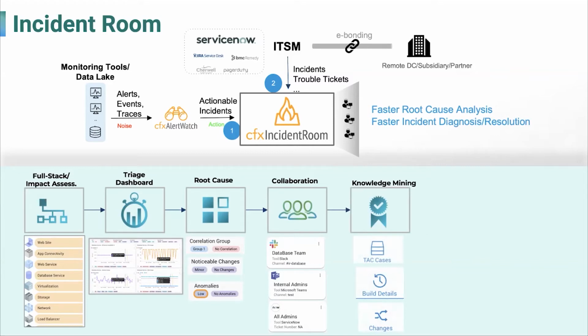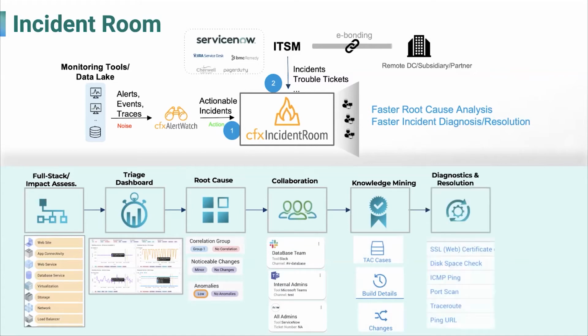This is the knowledge mining from DAC cases. If the vendor provides the API, we also can detect the changes that have happened in the same environment for these different elements that we identified. And we're able to tell you if any changes have happened recently, as well as build details. From there, what we provide to the team is several diagnostic tools to be able to run.